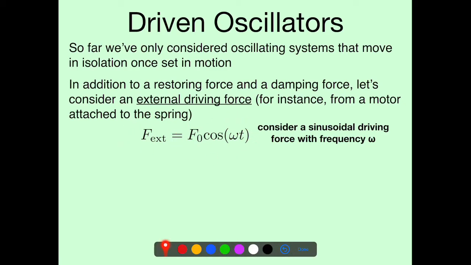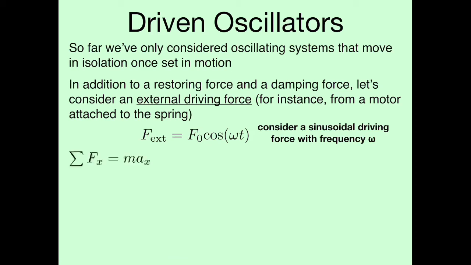It's given by F0 times cosine omega t. In other words, we're driving the system at a certain frequency, which we'll call omega. That's what we're dealing with here. If we apply Newton's second law to this situation, the net force in the x direction is m times ax.